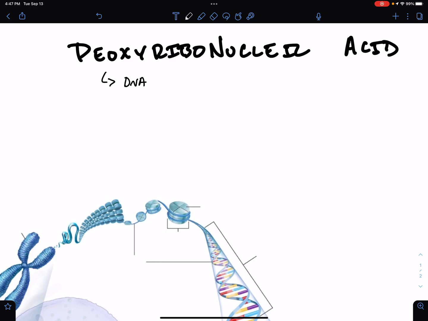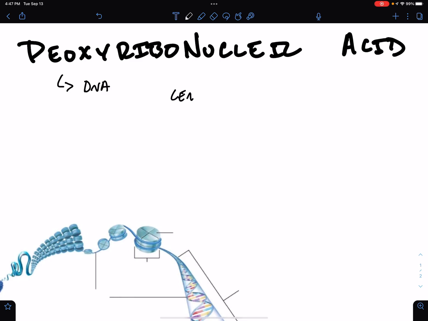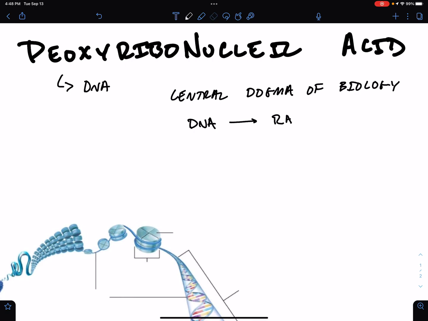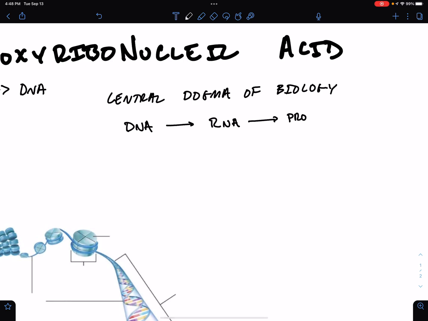Okay, so the central dogma of biology states that DNA, which is how genetic information is stored in the cell, is read, and from that DNA, a molecule of RNA is synthesized, and from that RNA, protein is created.